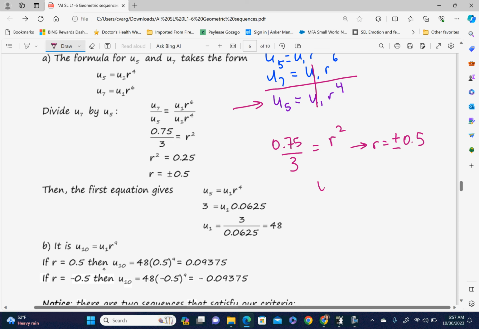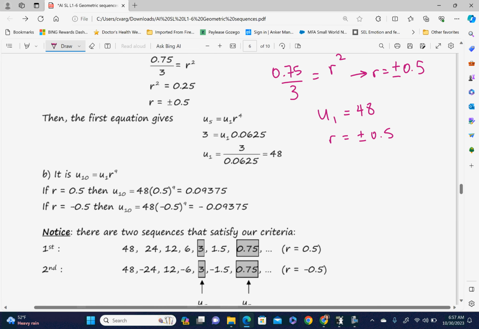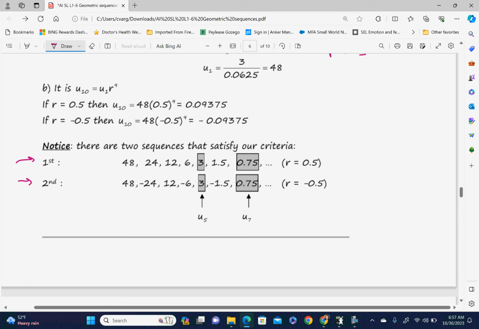So now we have U1 is 48, and r is plus or minus 0.5. There are 2 different sequences that satisfy the equation, because one of them is when r is positive 0.5 and the other one is when r is negative 0.5.